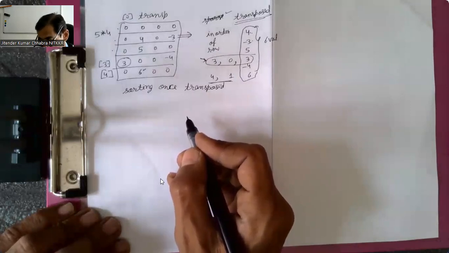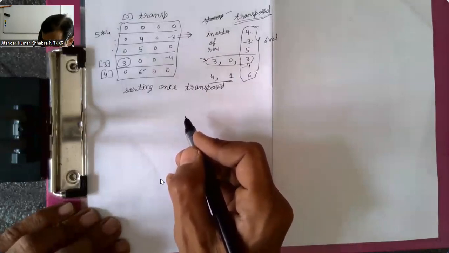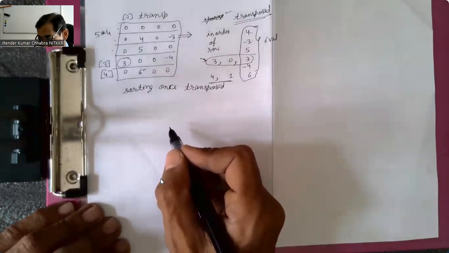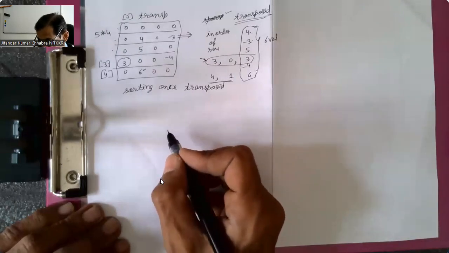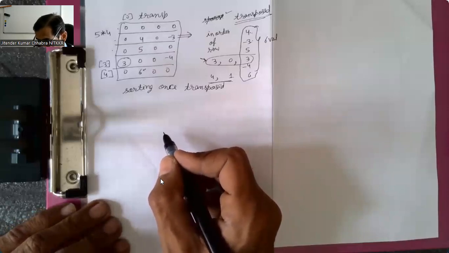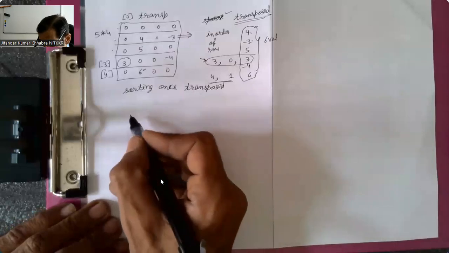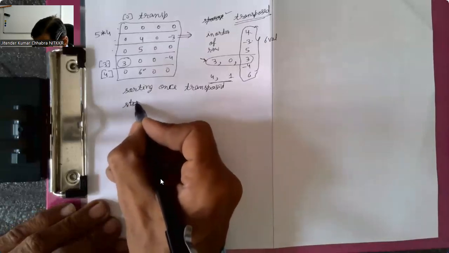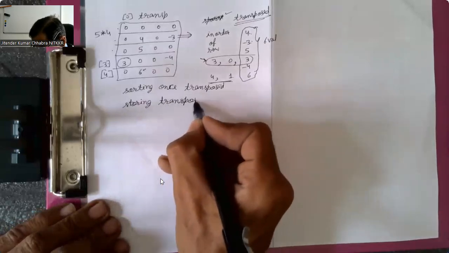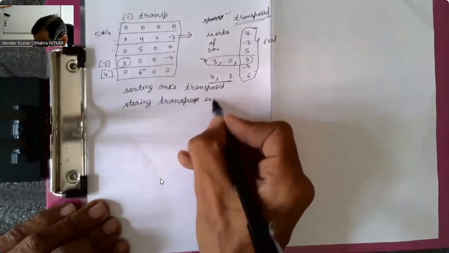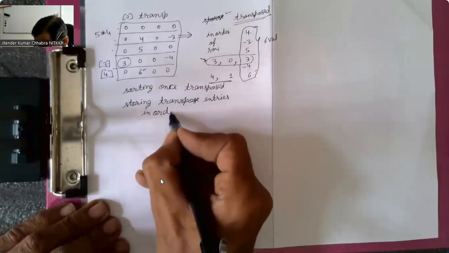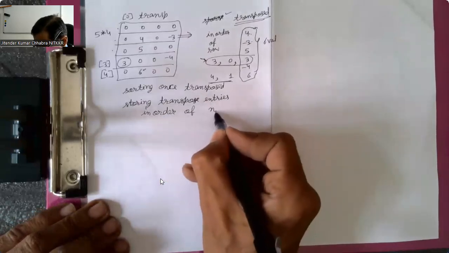So that also will become a long number of steps. Maybe it will still work. Can we think of better logic? So I say sorting might not be the only solution. I can think of a better solution. What I say is, effectively my problem has been that I should actually be storing the transpose entries not just by swapping, but in order of the new row number.